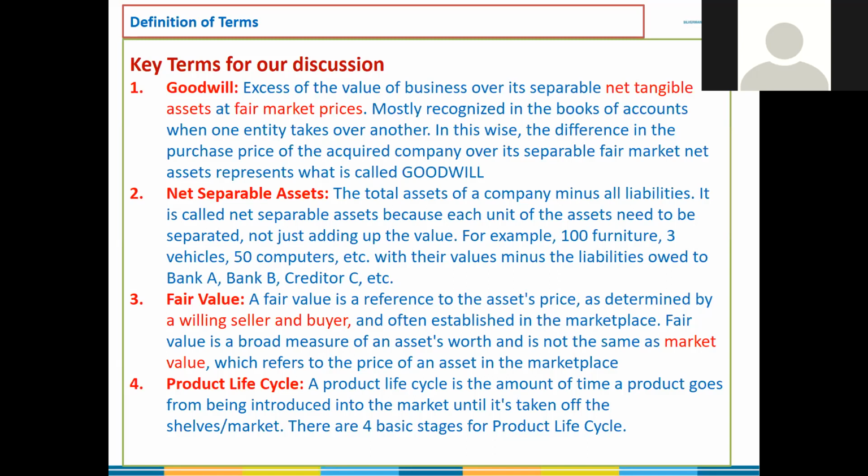It means that the value of the business is actually more than the price of the net separable assets that are available. So that is how accountants look at goodwill. For example, let's say MTN, as a telecommunication giant in Ghana, decided to buy another telecom company, let's say Tigo. They are able to pay a certain price for that business.